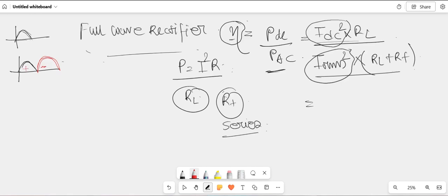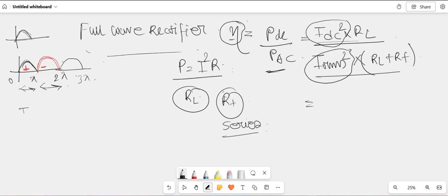So this is for the negative half cycle and this is for the positive half cycle. This cycle is from 0 to pi, this cycle is from pi to 2 pi, and similarly we will get again from 2 pi to 3 pi. So the cycle is just repeating every pi distance, and the time period is pi.